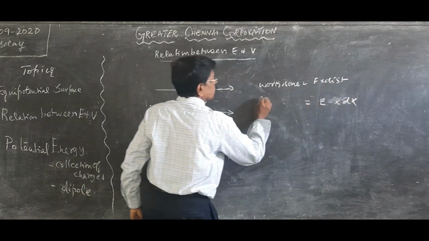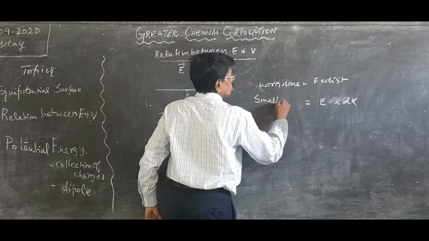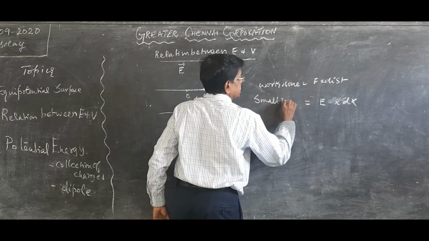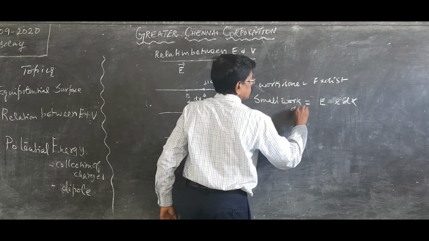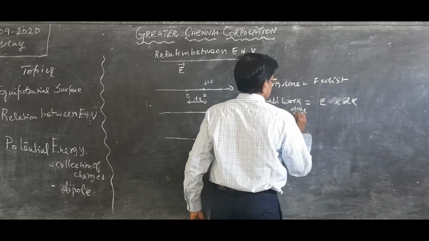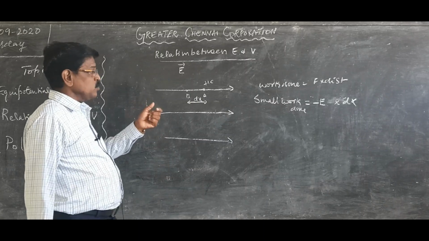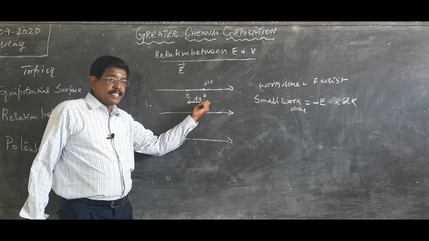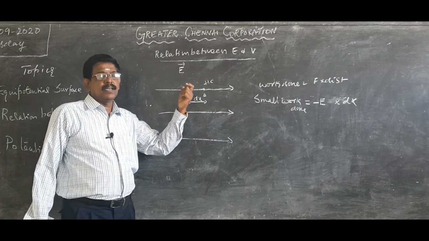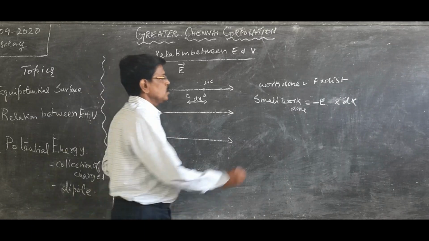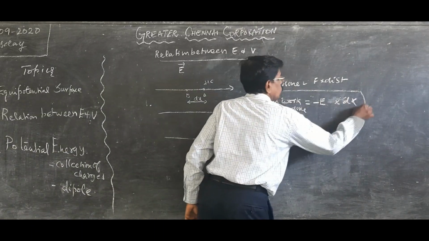Since the distance is small, the work done is also a small work done. Here, then put minus. Why minus? The negative sign indicates that the work is done against the electric field. Okay, so this is the small work done.